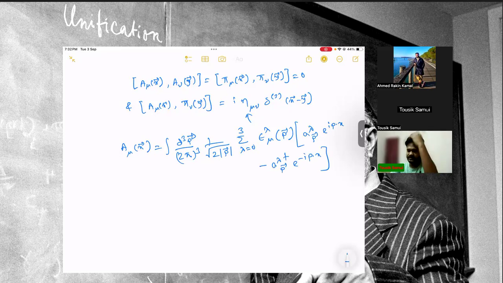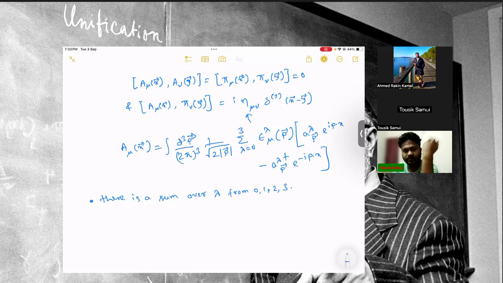Here, let us notice a few things. First of all, there is a sum over lambda from 0 to 3: 0, 1, 2, 3. Okay, so what are these? These are called polarization vectors that we introduced yesterday as well. Yesterday we saw that A mu has 4 components. Out of these 4 components, 2 are independent and 2 can be traded off with the gauge invariance symmetry.